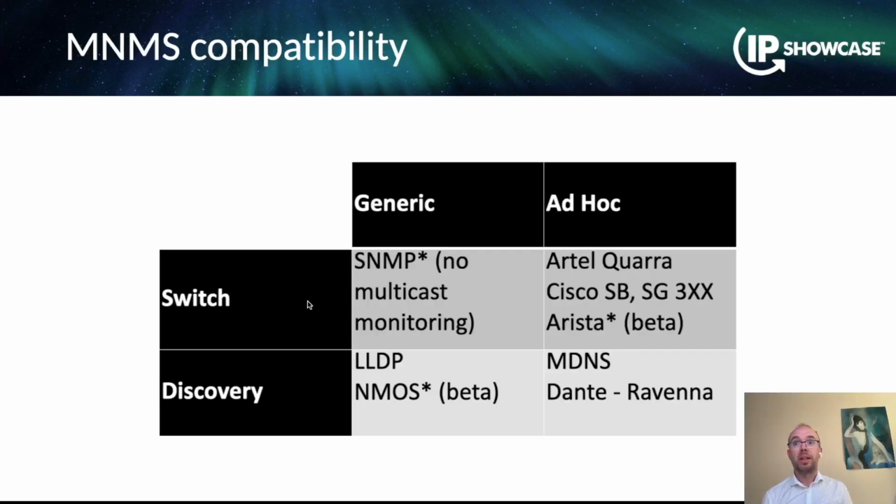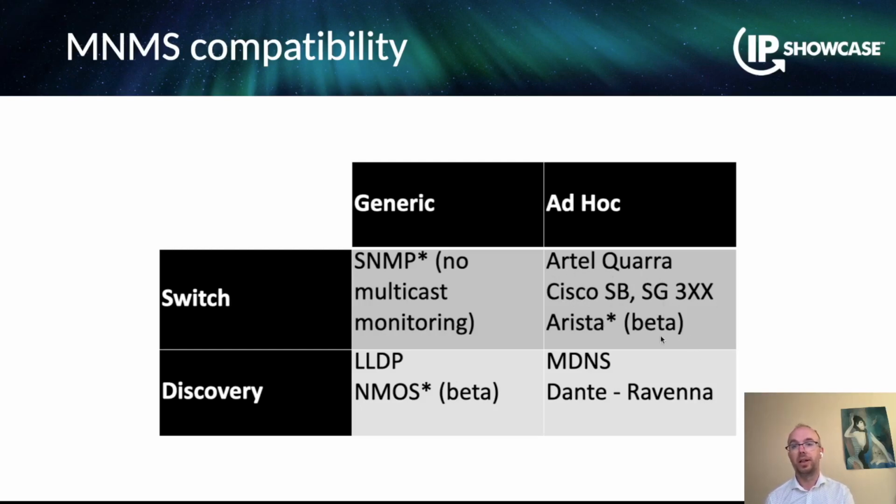So right now, MNMS is compatible with SNMP, although you will not have multicast monitoring when you do SNMP, and I will show you multicast monitoring in a moment. Also, when it comes to switches, MNMS has been developed around ad hoc integration of switches: the Artel Quaras, the Cisco SB and SG, and the Arista.